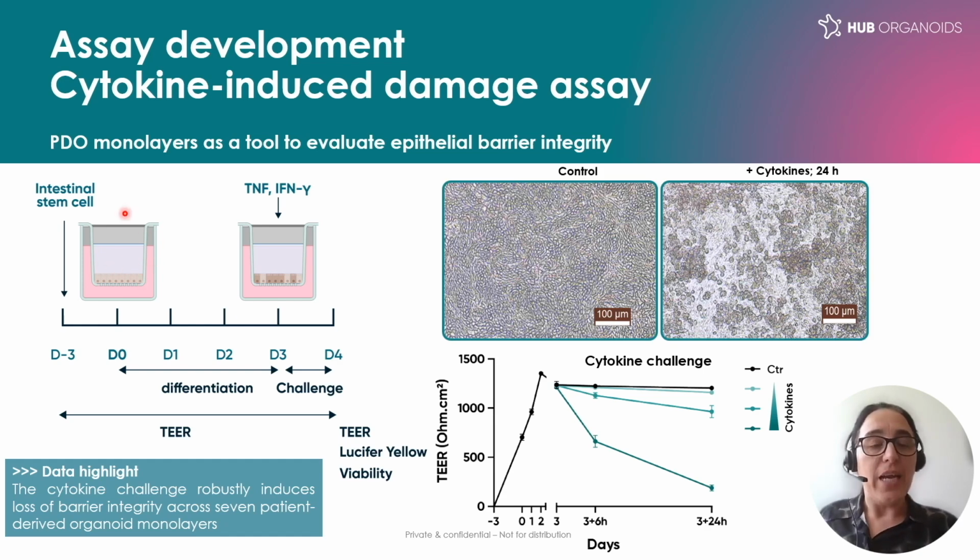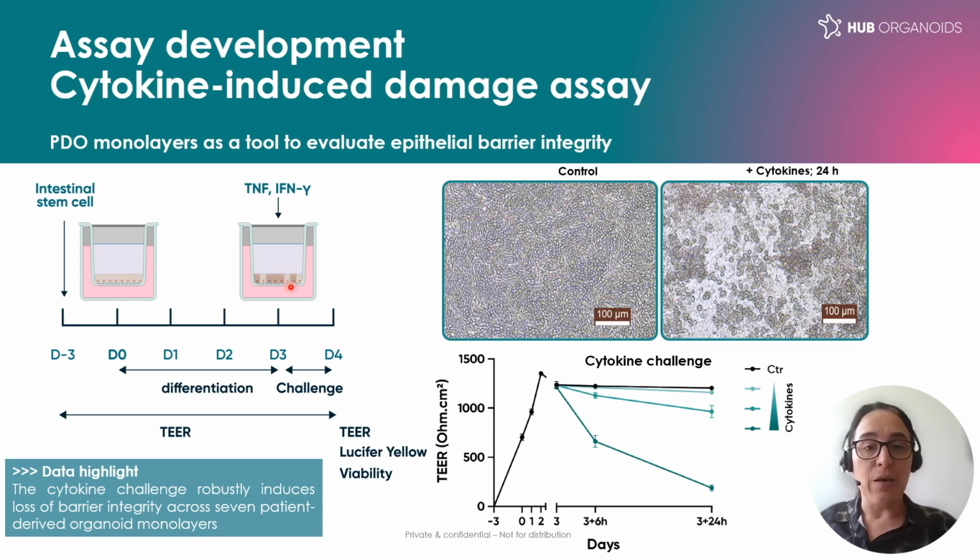And then we can, in this case, reproduce a cytokine damage assay in which we externally add some cytokines that are known to be present in the inflammatory environment of patients with IBD.